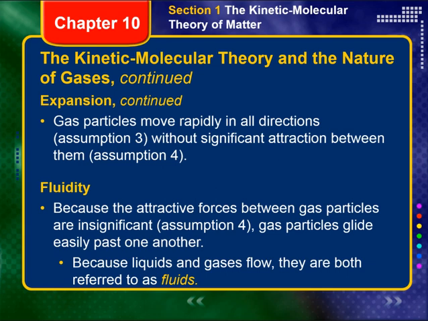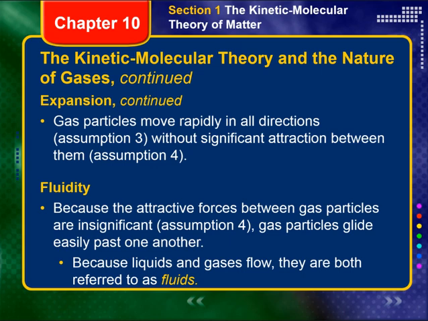Because the attractive forces between gas particles are insignificant, that's assumption number 4, gas particles will therefore glide easily past one another because they're not being hooked on to one another or repelled by one another. This easy sliding past one another is referred to as flowing. Both liquids and gases flow.